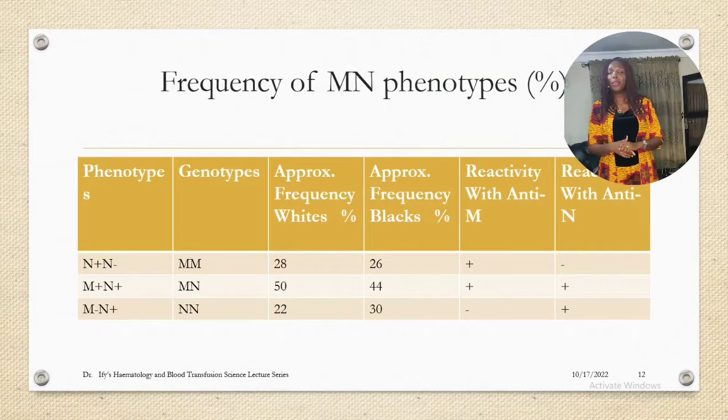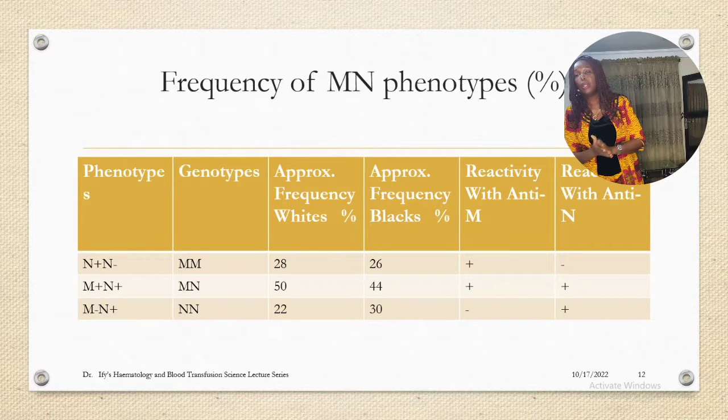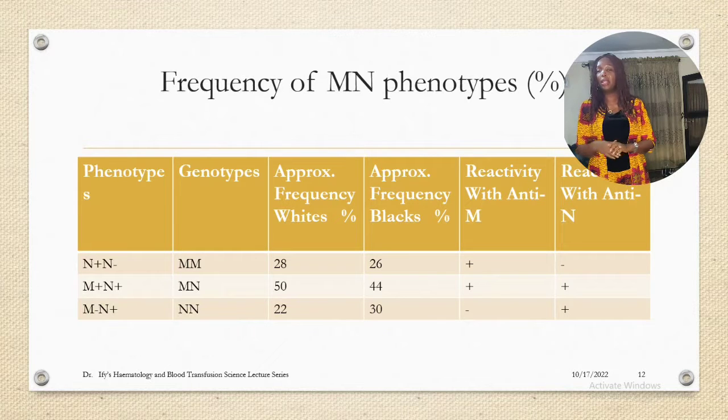Now the phenotype, the genotype, the approximate frequency in whites and blacks, and then reactivity with anti-M and anti-N. For those who are M plus, N minus, they have the M antigen but they don't have the N antigen, so their genotype is MM.